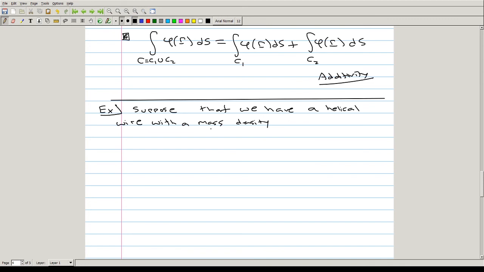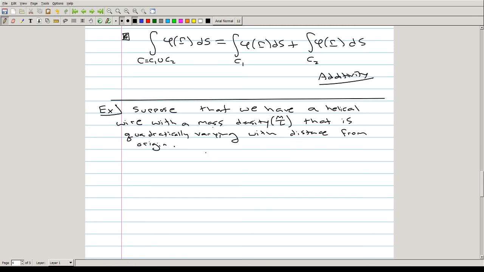So this is going to be mass per unit length along the wire, quadratically varying with distance from the origin.